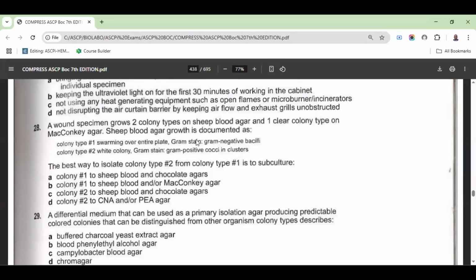On sheep blood agar, we have one colony which is swarming over the entire plate, gram-negative bacilli. The second colony on SBA is a white colony, gram-positive cocci in clusters. First of all, before we interpret, what do you think would be colony type 1 and colony type 2? Because I remember we have done this course in microbiology, interpretation of colony morphology. Which one would be type 1 and type 2 in your view?